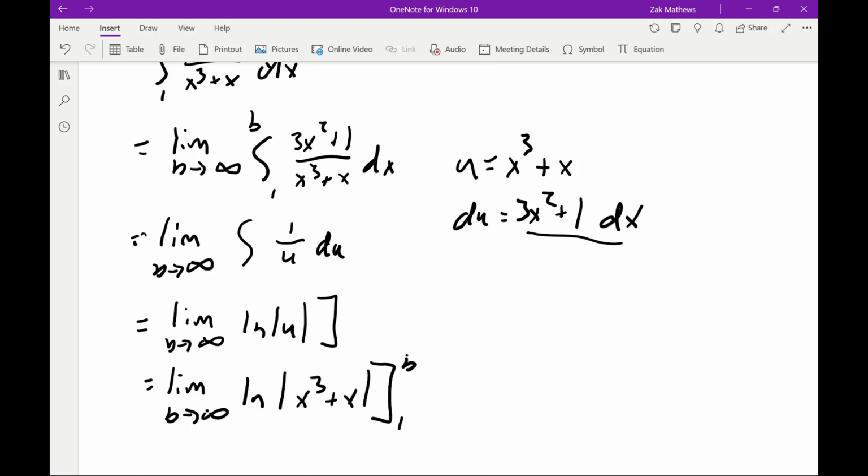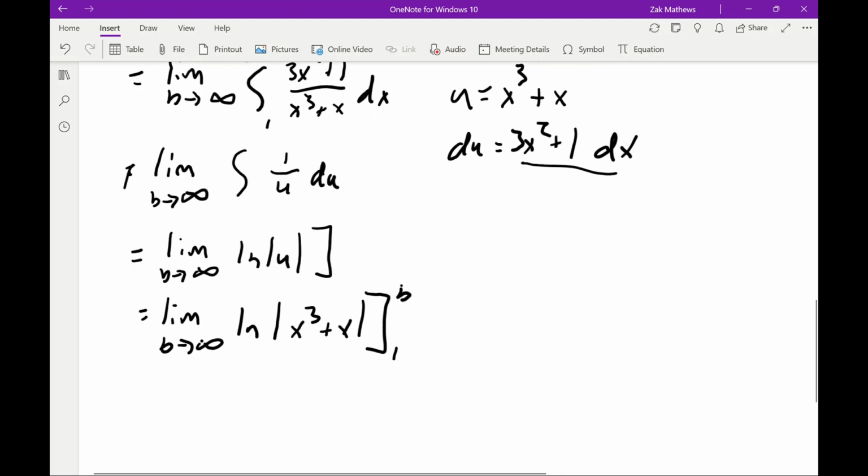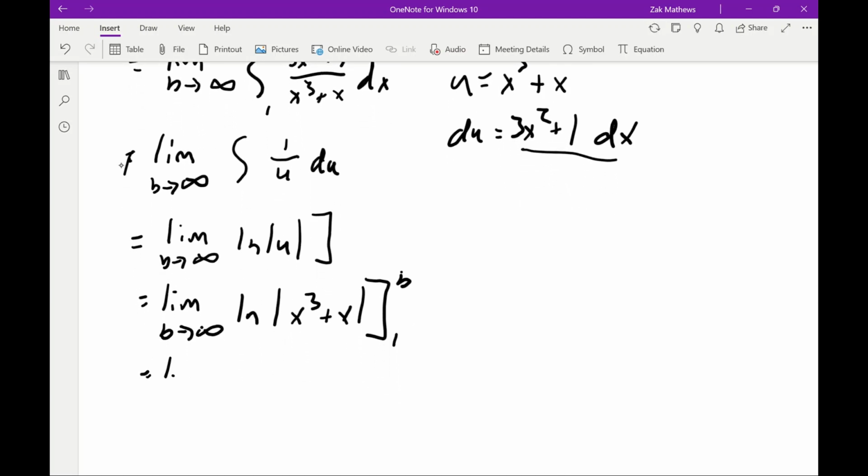So again, not completely equal because we're treating that as an indefinite integral. And so then I'm going to plug in the limit as b goes to infinity, natural log of b cubed plus b minus natural log of 1 plus 1.